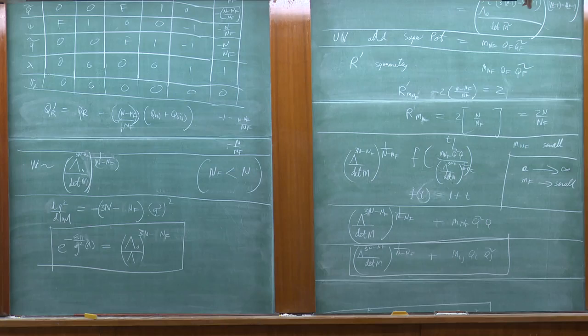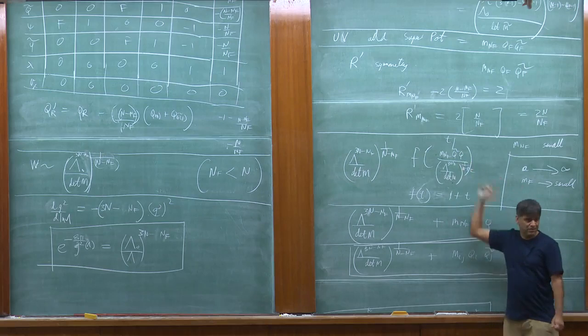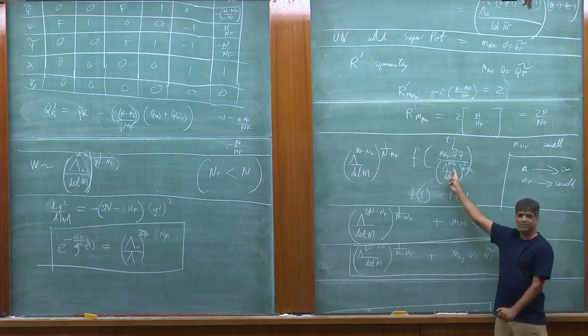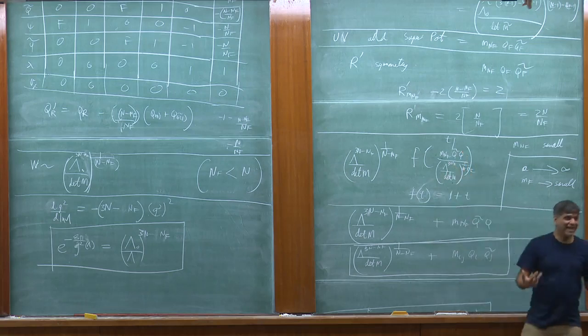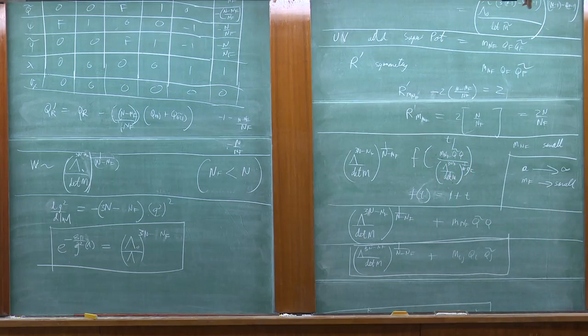You understand that, right? That's the key place. How did we get this dependence? It came from the fact that we wanted R prime charge equal to 0. This had R prime charge 2, so this had to have R prime charge 2. That's where everything came from. If we allowed other things, we would be in big trouble.